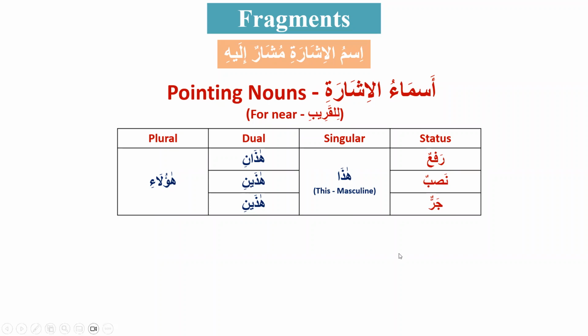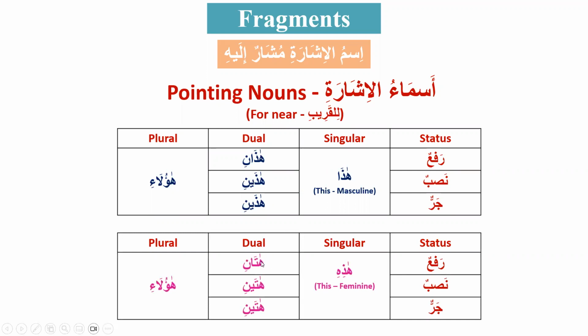All right, this was masculine, and Brother Rauf told us the feminine, but he missed a couple of words. We want to complete the table for feminine. Anusha, do you know the full table for feminine? Yes. Go ahead. هذه هاتان هاتين هؤلاء. Very good. Good job.